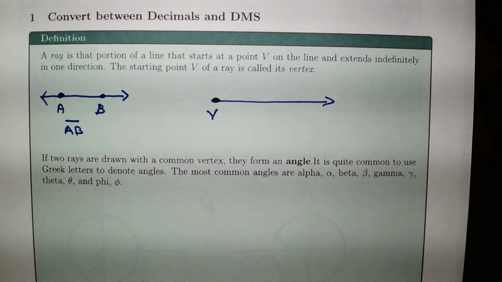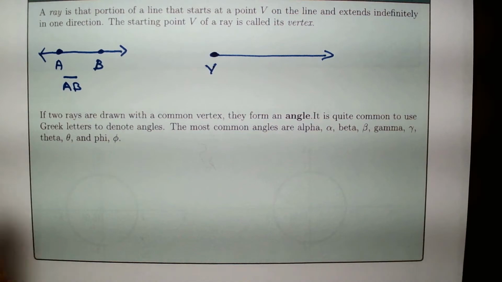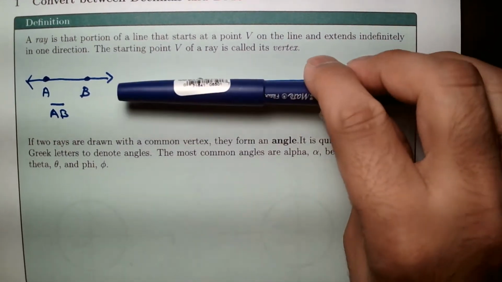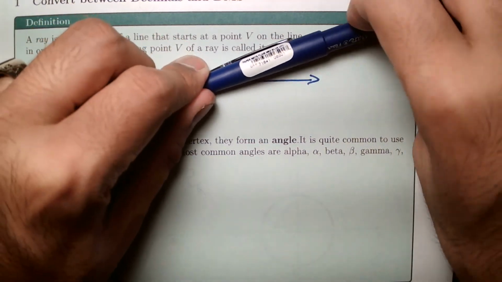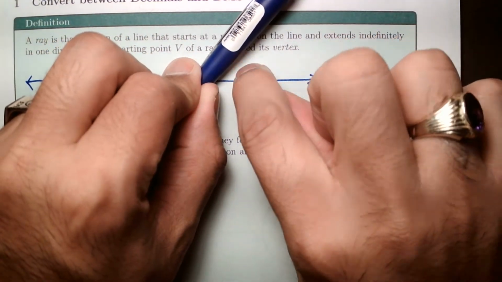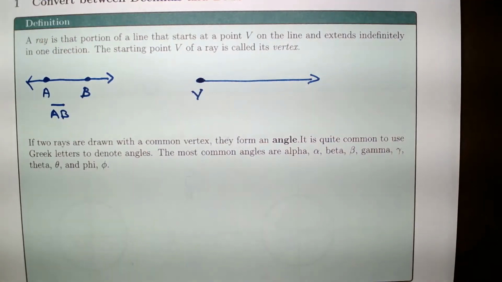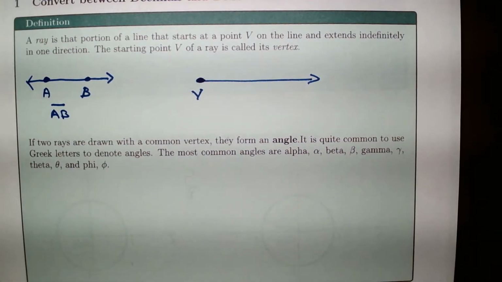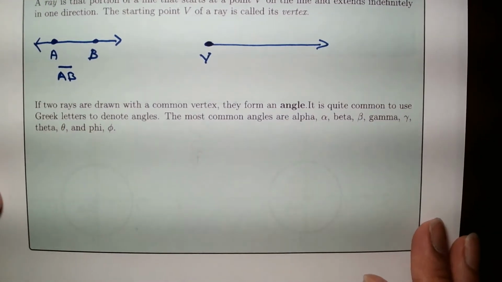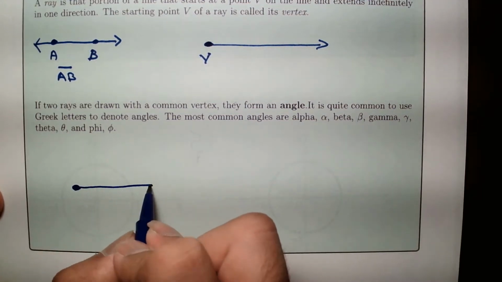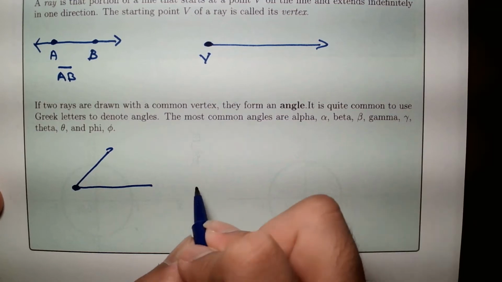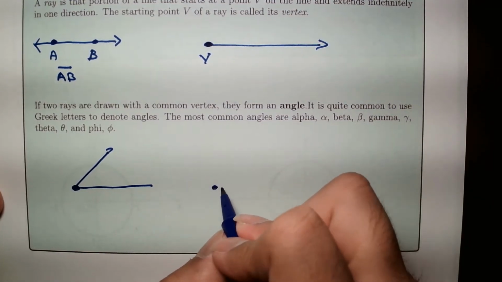All right. Now, if rays are drawn with a common vertex, they form an angle. What do we mean by that? Let's say from this ray, we do the following, and this space formed right here is going to be called the angle. Let me do a couple of examples of angles. That's one. Let me draw these three.